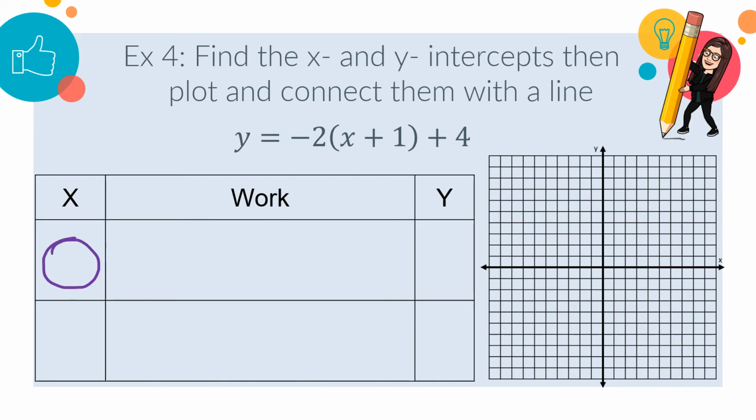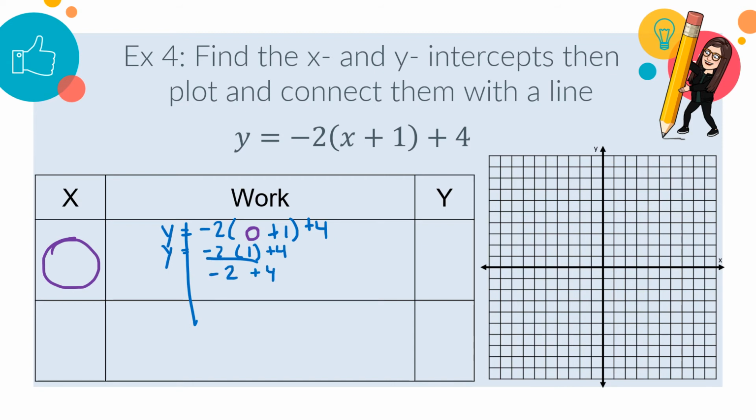All right, so let's write our function. Everything stays the same, but instead of x, what am I going to put? A 0. Now this looks a little different. I can calculate a little bit here, right? What's 0 plus 1? 1. What's negative 2 times 1?